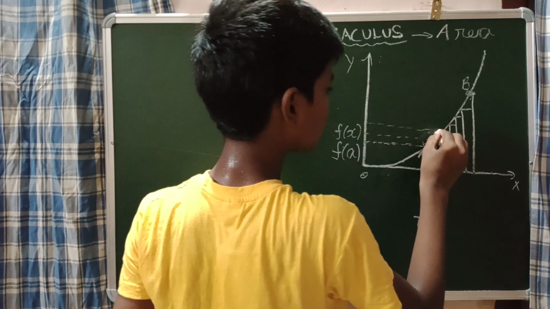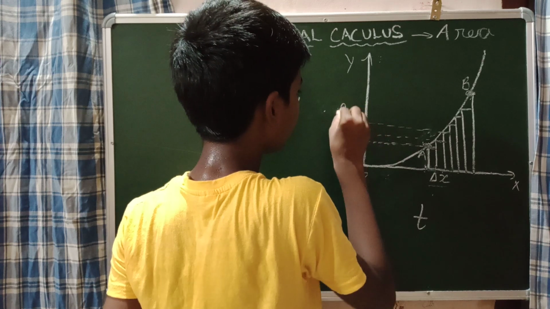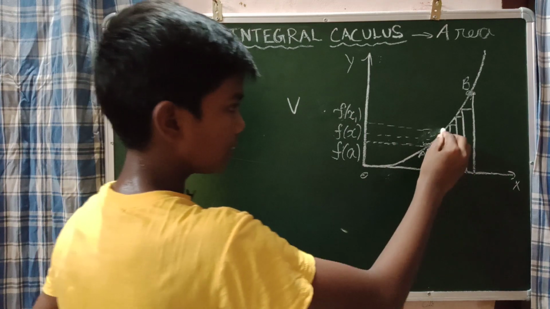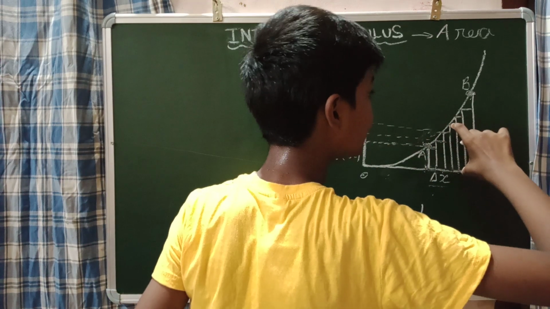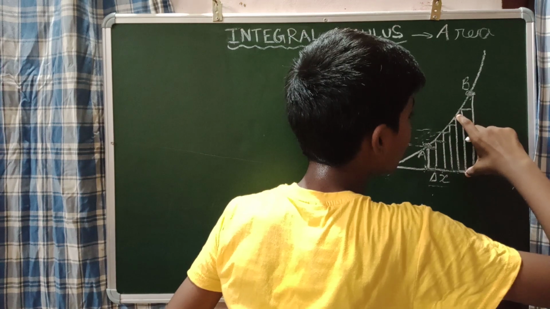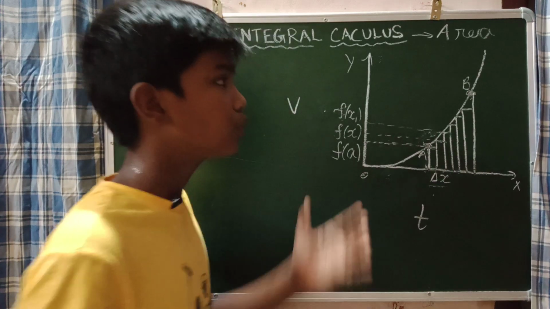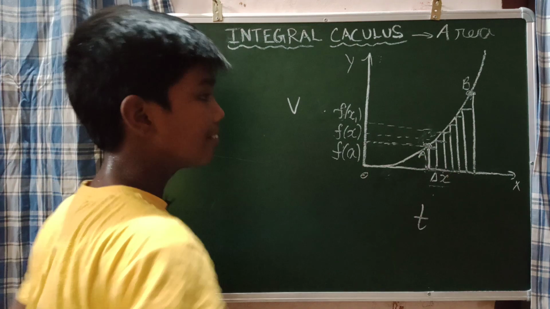This third strip length is f of x1. Next, for the fourth strip, how will the length be? f of x2. And for the fifth strip, it will be f of x3, as I told. If we count it, it will be like that.